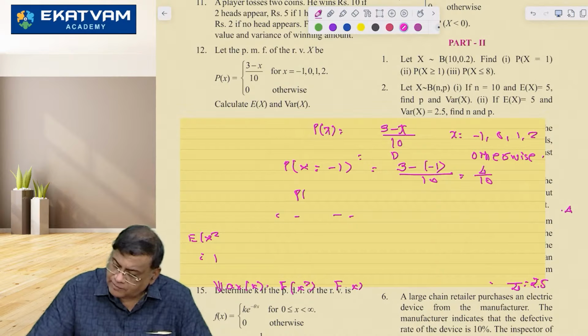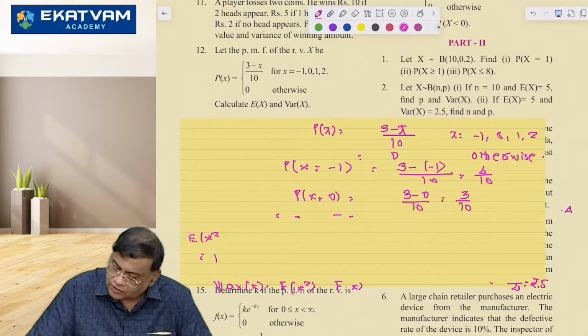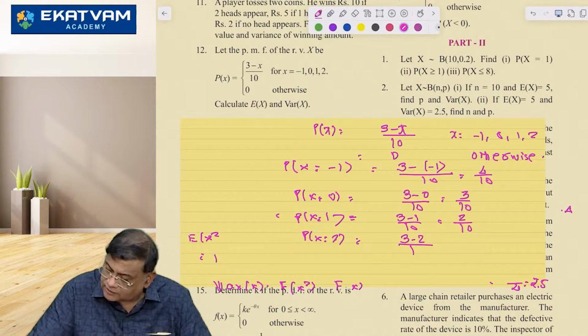Then what is the probability of x is 0? It will be (3 minus 0) by 10, so it will be 3 by 10. What is the probability of x equal to 1? It would be (3 minus 1) by 10, which is 2 by 10. And what is the probability of x is 2? It is (3 minus 2) by 10, which is 1 by 10.